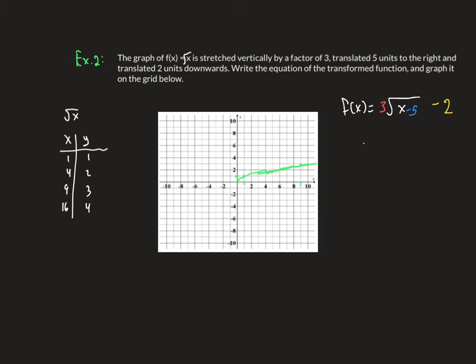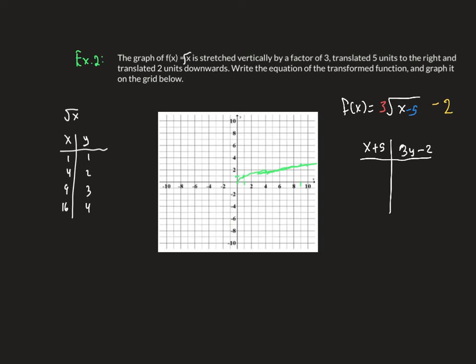So this should be x plus whatever my p value is. My p value in this case is 5. And as for my y, it should be ay plus q. So it should be 3y plus q, which is minus 2.